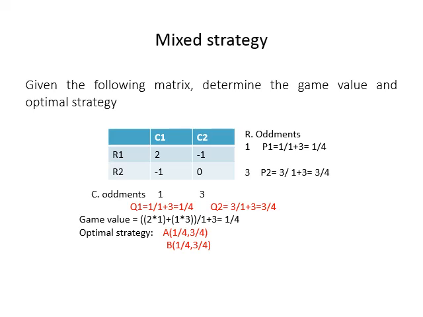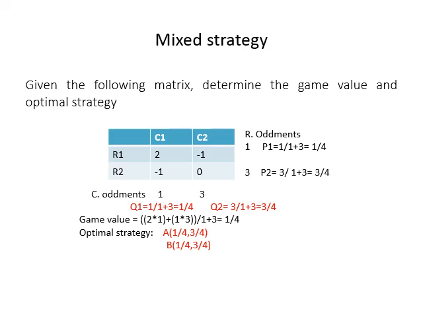Next, column oddments, and then Q1 and Q2. Third is to find the game value, and the last step is to determine the optimal strategy.